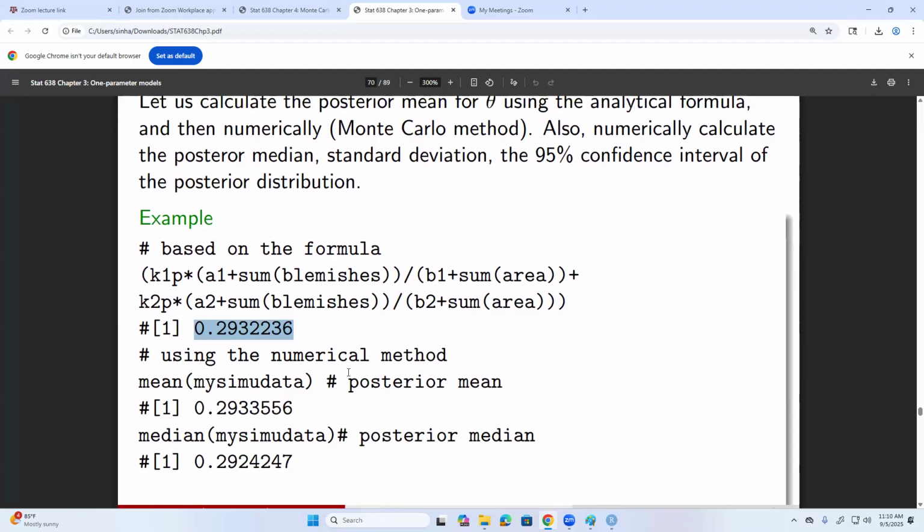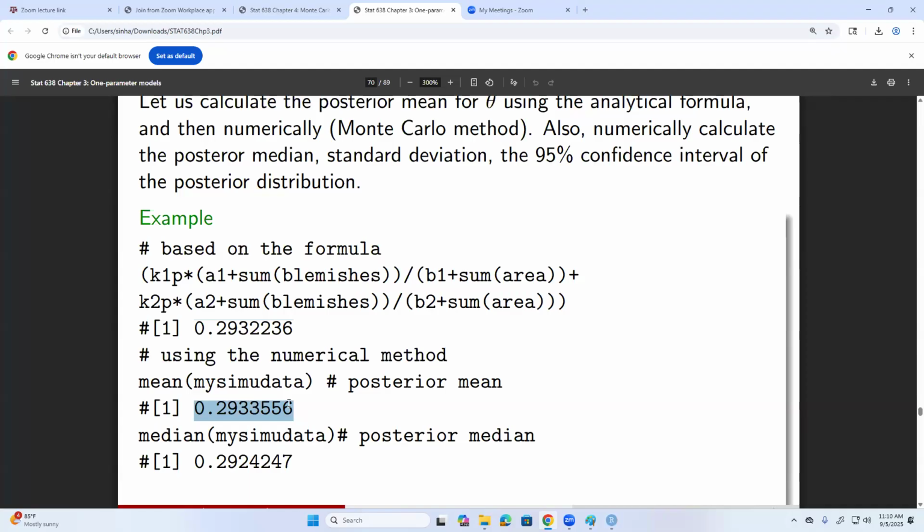You have already the sample data from the posterior distribution, calculate the mean value, came out to be 0.2933, which is different from the analytical formula. Analytical formula is the theoretical one, right? And this is a numerical one, but this is a very close approximation. They are not identical. Of course, they will not be identical because this is based on your finite sample. You have drawn maybe 10,000 observations from that posterior distribution to approximate your mean. Approximate does not mean you get exact value. You get somewhere close.